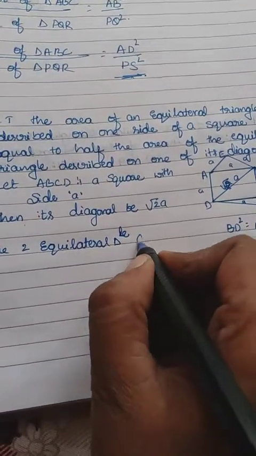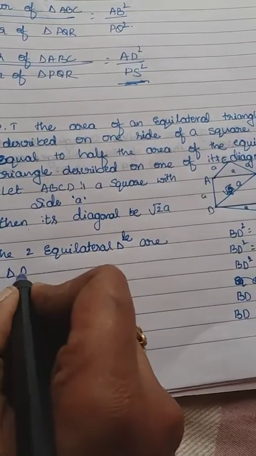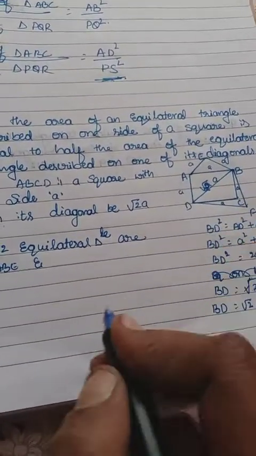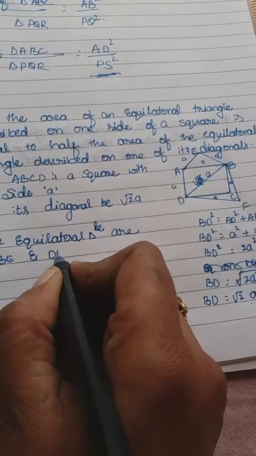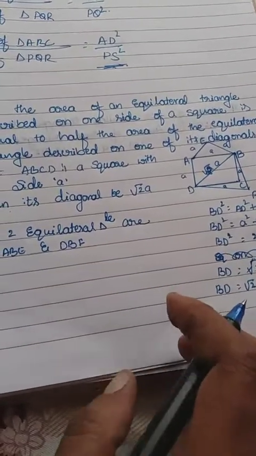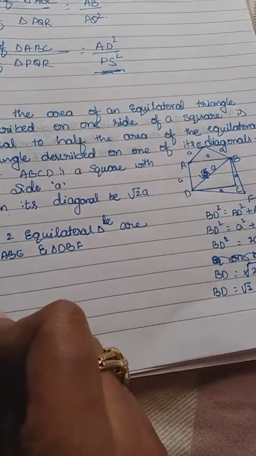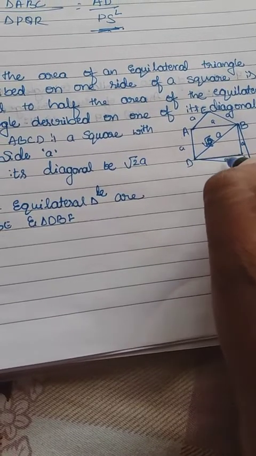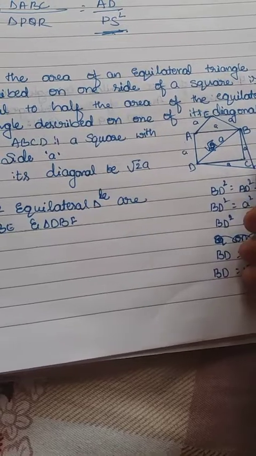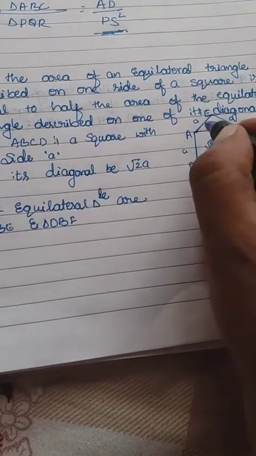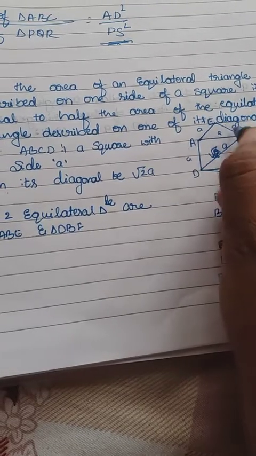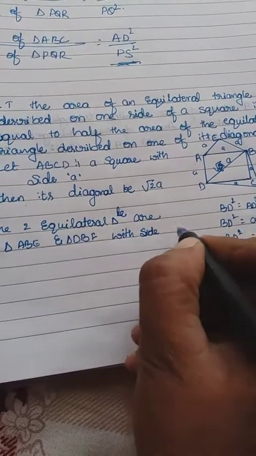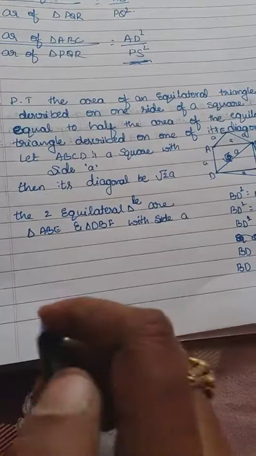One is triangle ABE, and another is the triangle drawn on the diagonal, DBF. Here DF is A, BF is A, and DB is A, as mentioned, and here AB is A, AE is A and BE is also A. Equilateral means one side is A, all the sides are A.